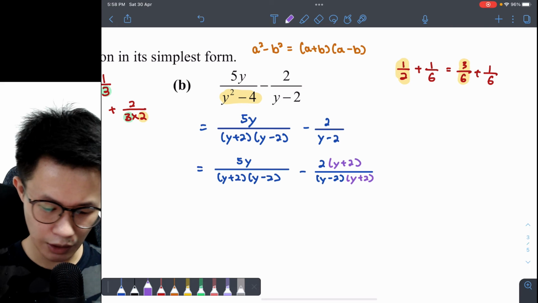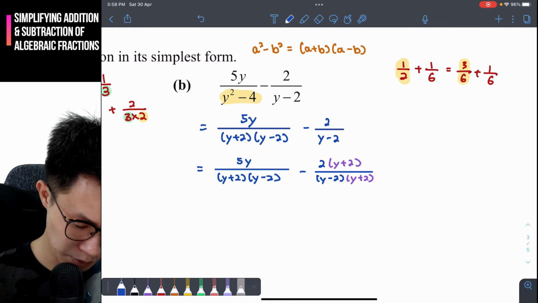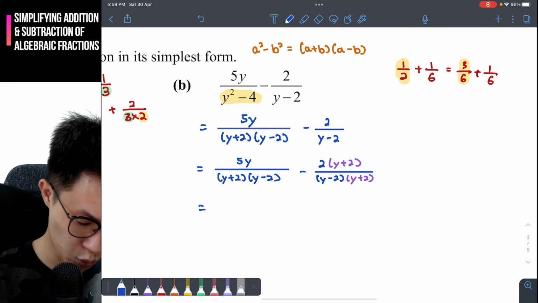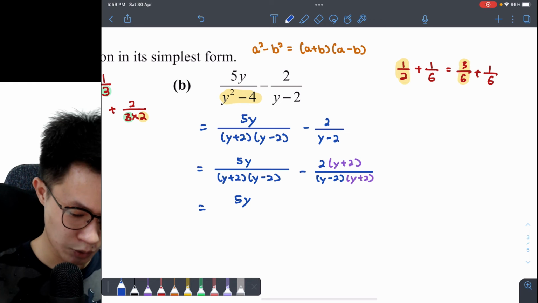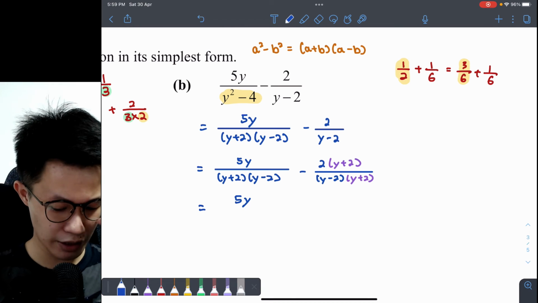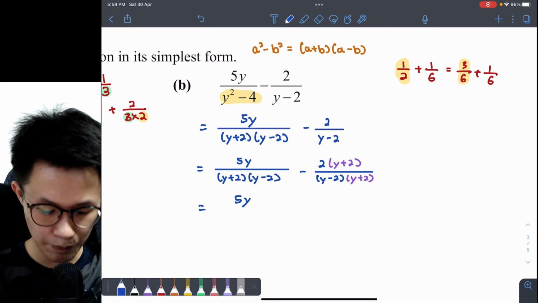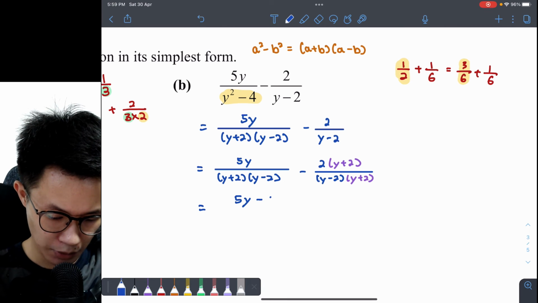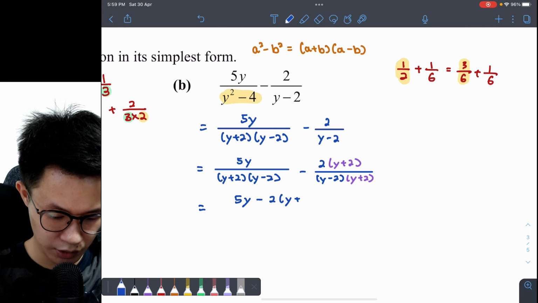Now with it the same, let me tell you something first. Do not try to expand it here. Why? Because of this minus sign. Remember, you can raise the minus sign upwards, right? So we're going to raise the minus sign towards the numerator. So I'll have 5y minus 2 times y plus 2.